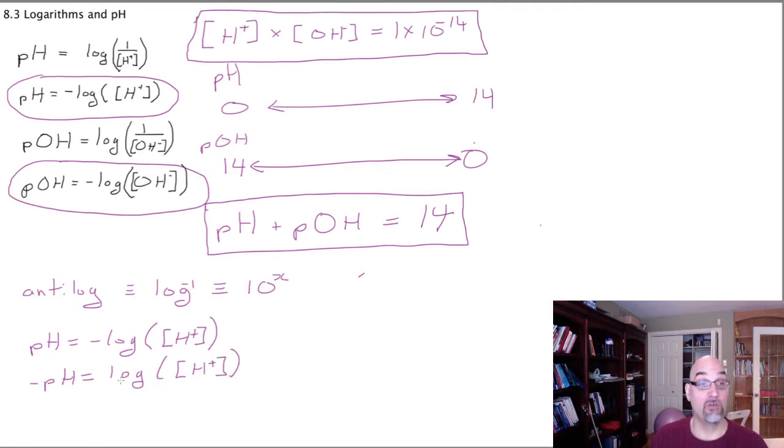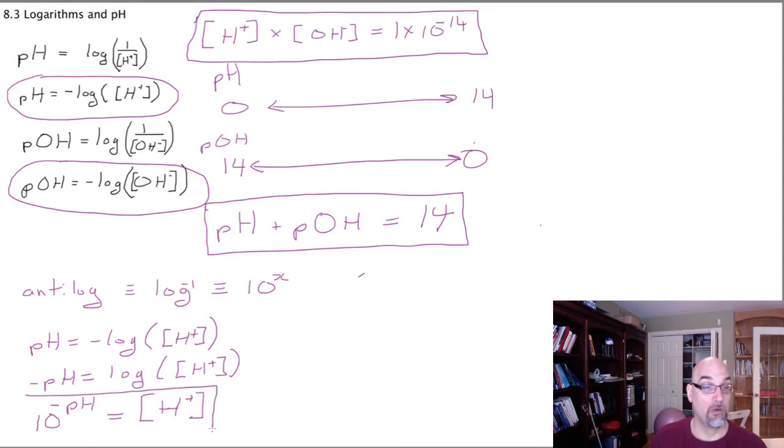And now I do the anti-log of both sides, or log inverse, or 10 to the x. Whatever your calculator has. In the textbook, I think they use the word anti-log. So I will use one of these other ones just so that you see it in a different way. I'm going to use 10 to the x. So that means 10 to the negative pH is equal to, and remember this just reverses log, the molar concentration.